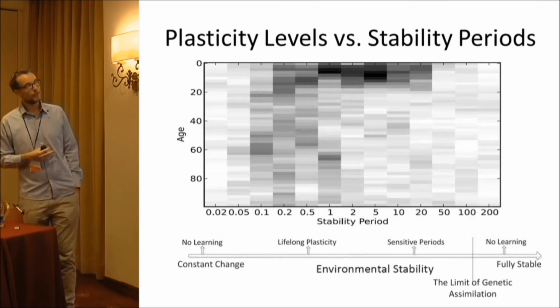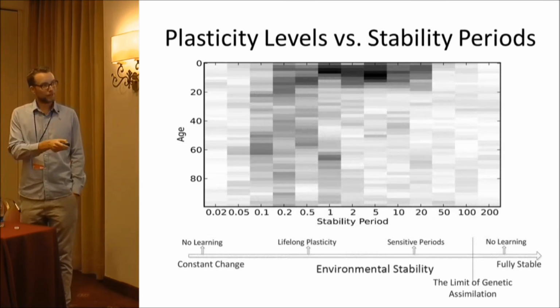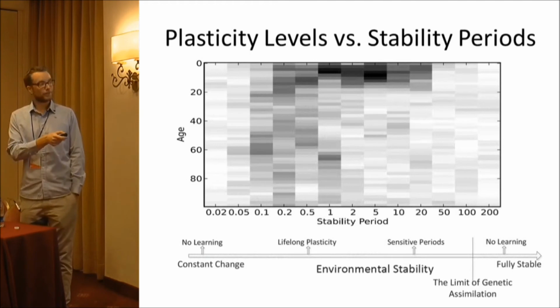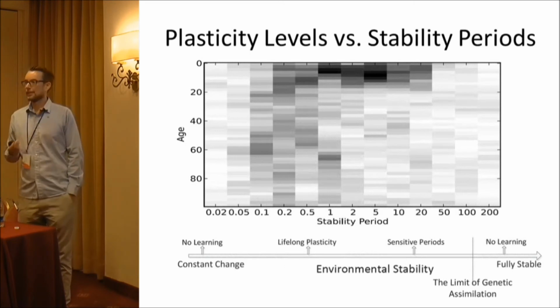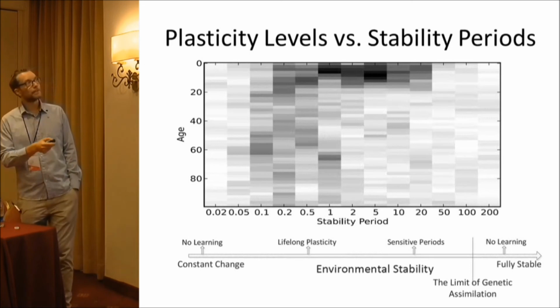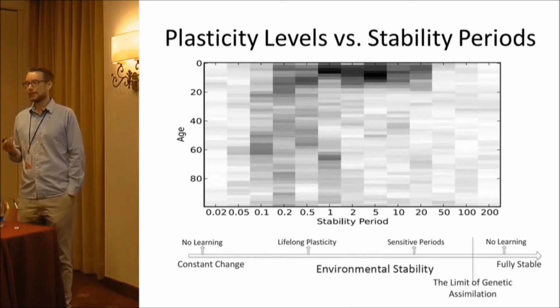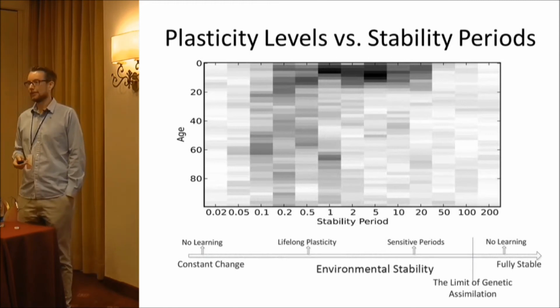And we can see this results in a more condensed form in such a plot as this, where it's also compared to my hypothesis. We see the stability period here on the x-axis, ranging from completely unstable on the left to completely stable on the right. The age on the y-axis, from newborn at the top to old at the bottom, and the color says how much they invest in learning. Now on the left and right flank here, we see very white columns, indicating that for the most stable and most unstable environments, there's not really any learning involved.